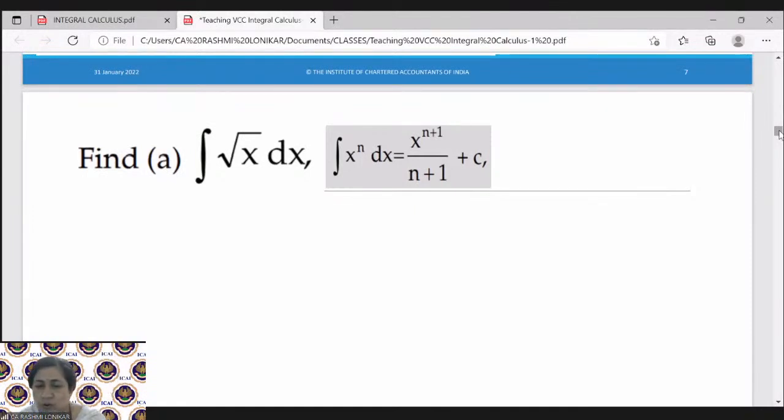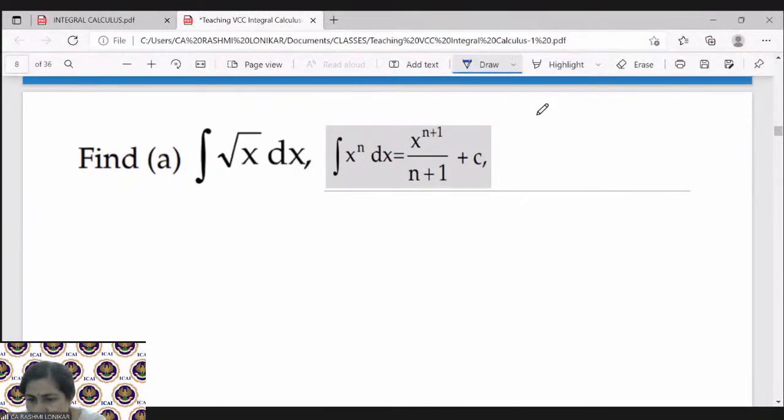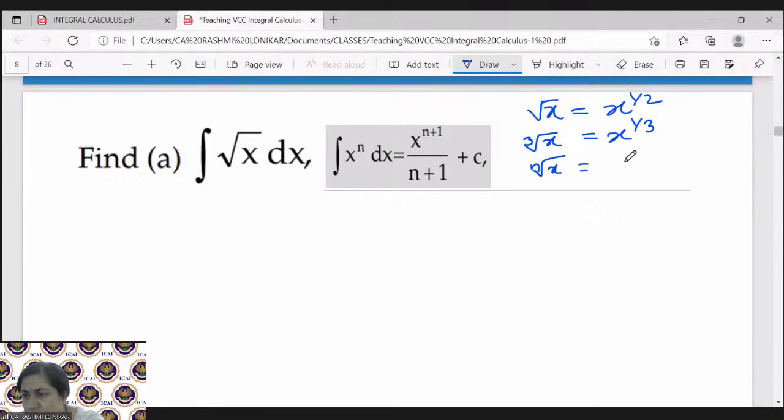So let us now go to integration of root x. Remember your formula that square root of x in indices can be written as x raised to half. Then cube root of x can be written as x raised to 1 by 3, and nth root of x can be written as x raised to 1 upon n.